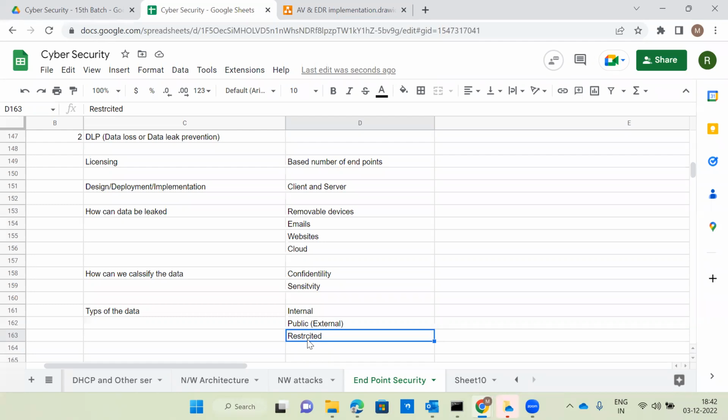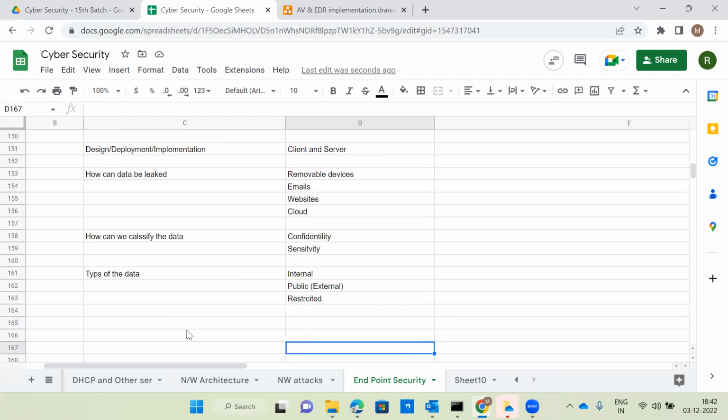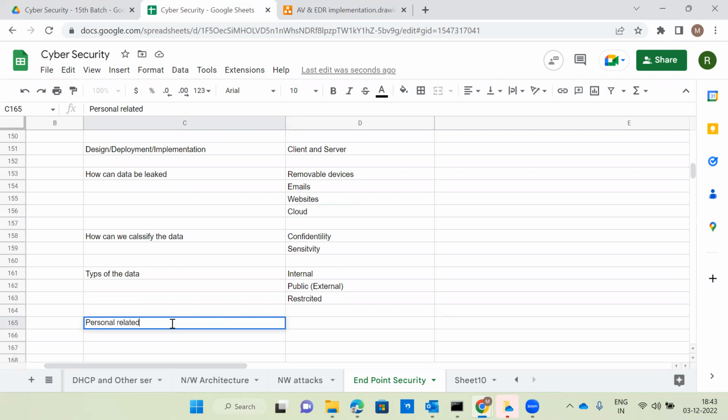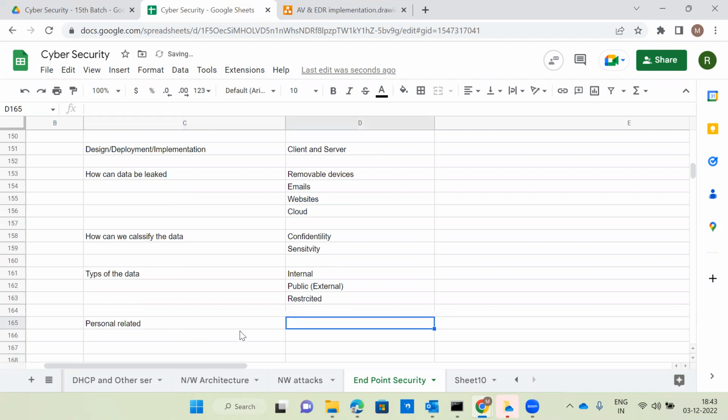Okay, so next one is PII data. This is personal oriented data. We have PII, personal related data. PII is the full form of personal identifiable information. The second one is PHI, personal health information.